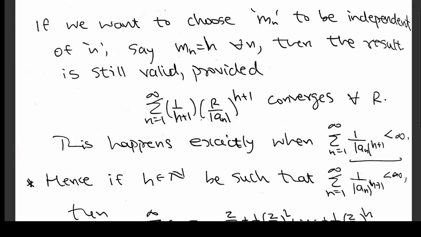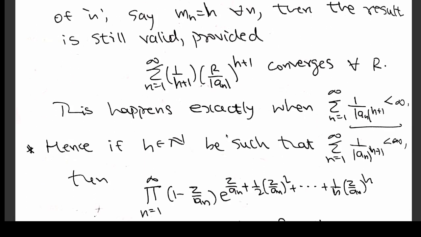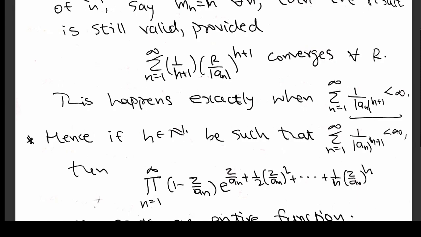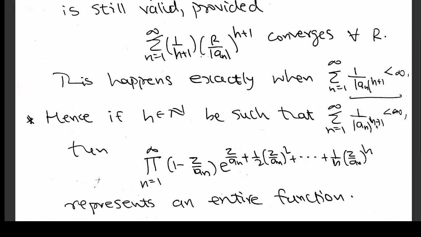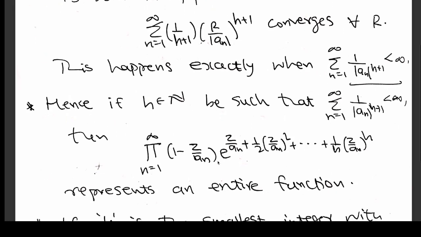So does there exist an h with this property? That you can easily obtain, because you need to choose h such that this is convergent. You choose the smallest such h with this property. Then this will converge and represent an entire function. All other computations are the same.